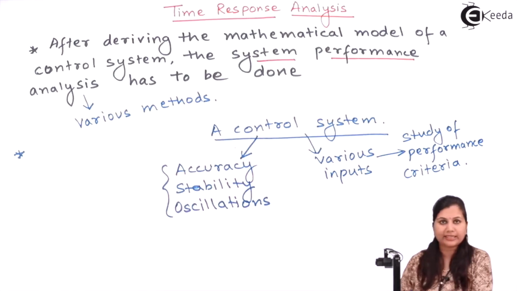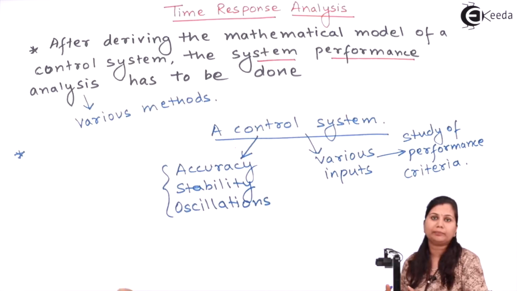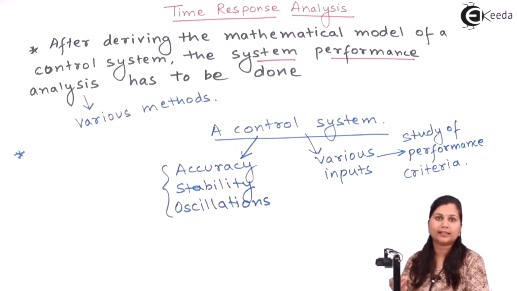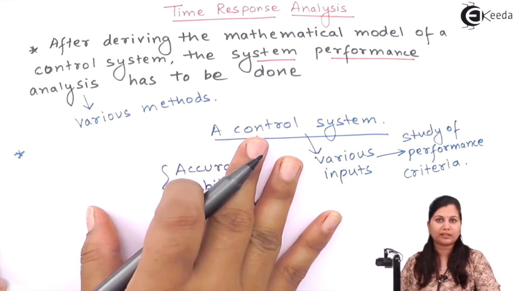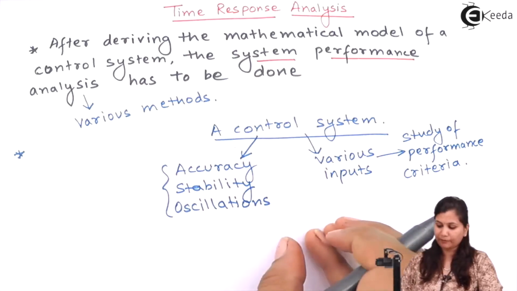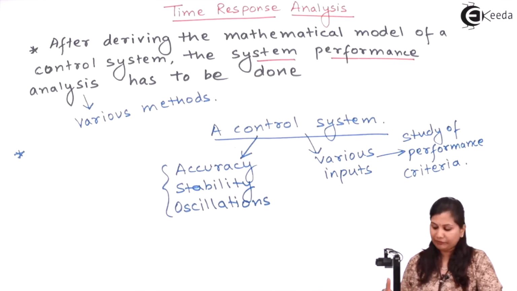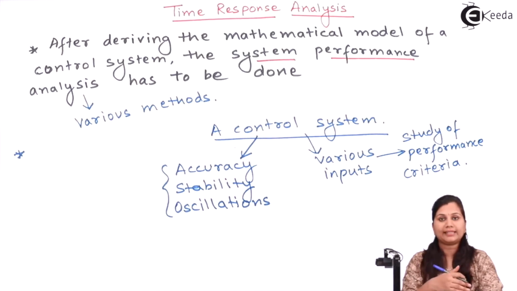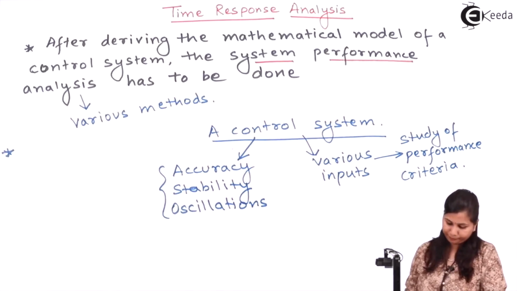Then we will study these performance criteria, and after that we will compare the performances of the two control systems for a single input signal. So in these various methods, we are using some input test signals, applying them to the control system, and analyzing the outputs for these various inputs.